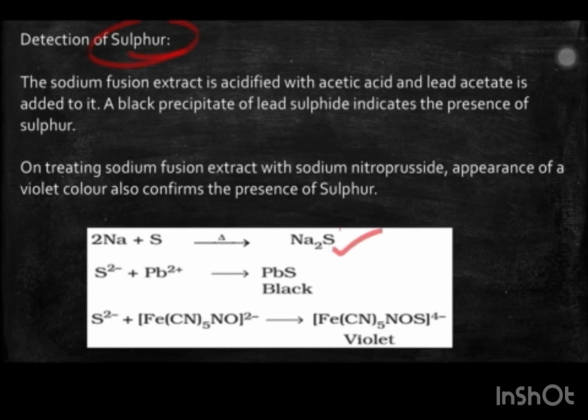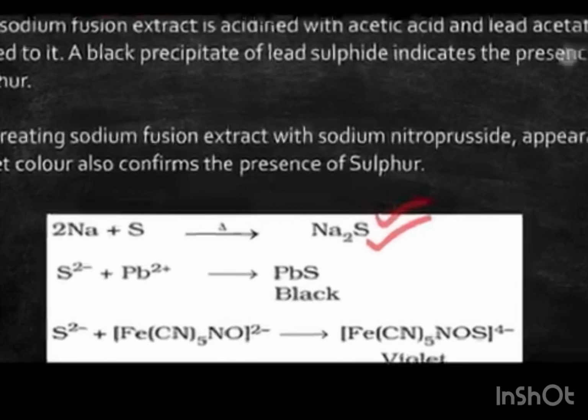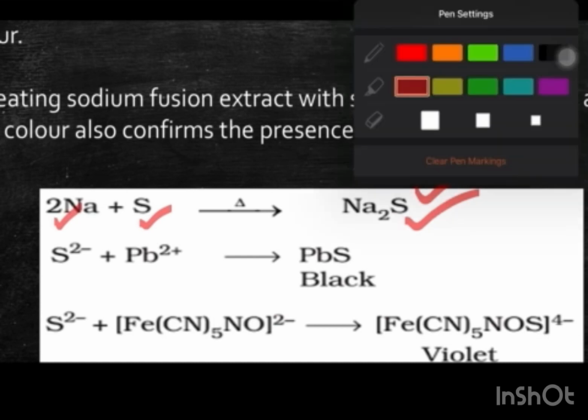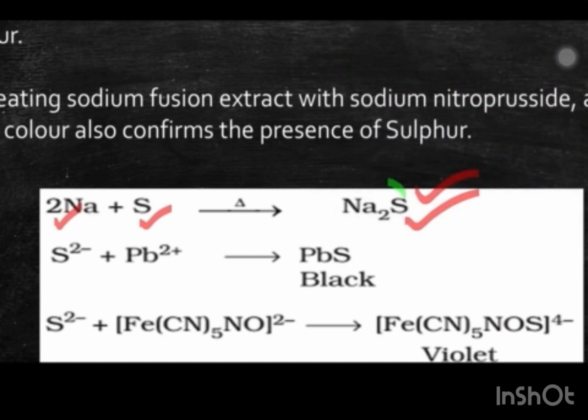This you already know from where it has come. It has come from the sodium fusion extract. When you fused sodium metal with the organic compound, sulfur reacted with sodium and we are getting sodium sulfide, Na2S.